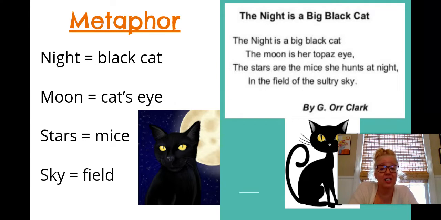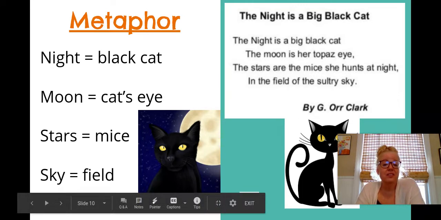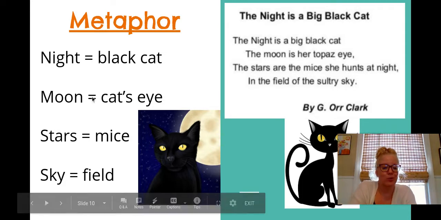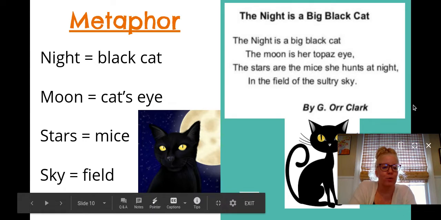The stars are the mice she hunts at night. So the poet is saying that the stars are like the mice that the cat would hunt if the cat was in real life. And the sky is the field. So the field that the cat is hunting the mice in is the sky itself. So I thought that was a neat poem to sort of illustrate metaphor.